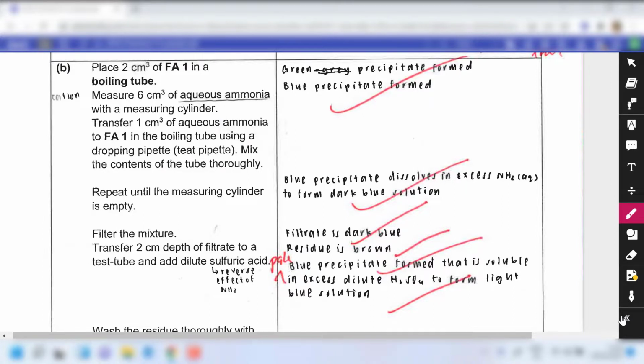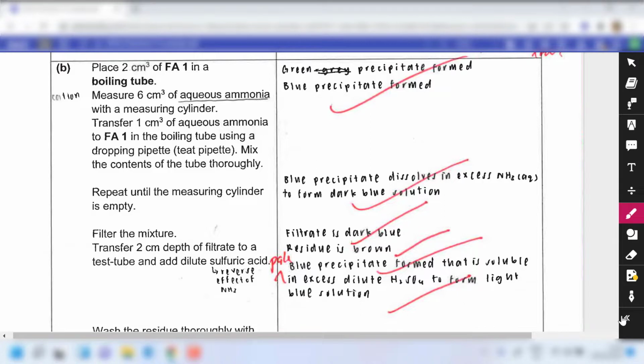I taught you the layering techniques, but you should not be writing down every single observation when you do layering, so you have to be a little bit careful here. If you recall, at the beginning you do observe a brown precipitate first, for the first few drops.